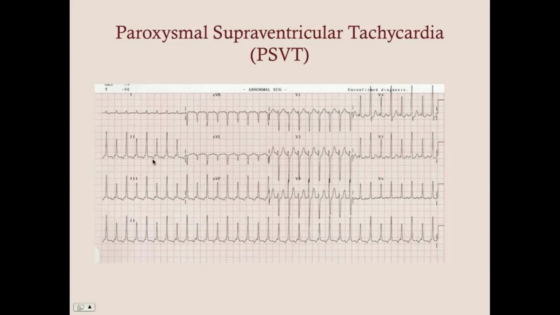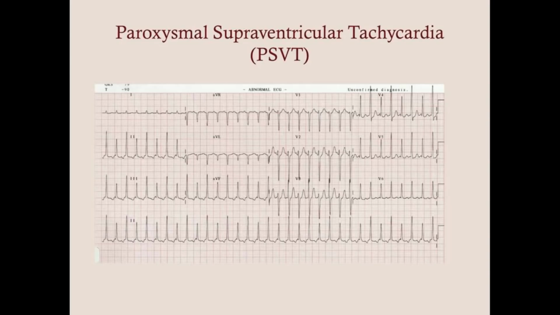So here you can kind of see your P wave, and you definitely can see your T wave right here, although it's not really accentuated too much. But here you have it again, where your P wave is just kind of enveloped into your QRS complex because you don't have a distinct atrial depolarization.